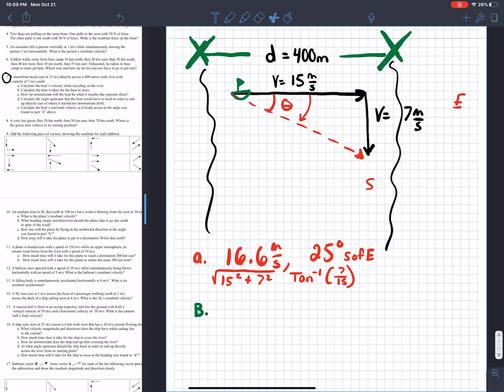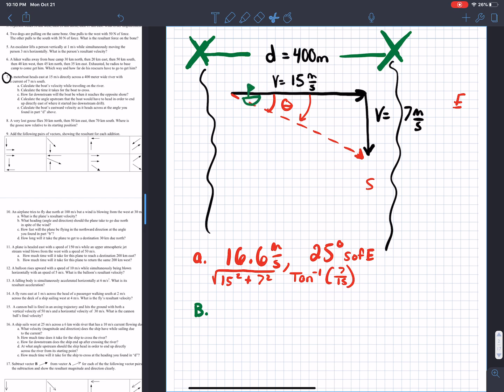So if we're trying to figure out what is the time to get across the river, I'm going to use the distance across the river and the horizontal velocity across the river. Okay? So for every single second that the boat moves across, it moves the same distance down.